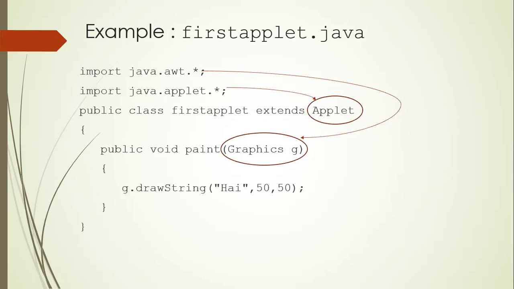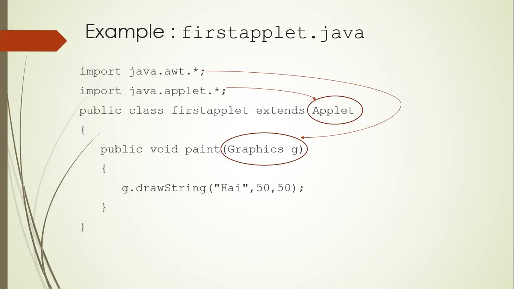And the line g.drawString will have three parameters. The first parameter is the text to be displayed on the browser, and then it provides the x and y coordinates, x comma y. Remember the graph sheet which we used in our school days, where every place in the graph sheet has two coordinates, x comma y. For example, 50 comma 50.